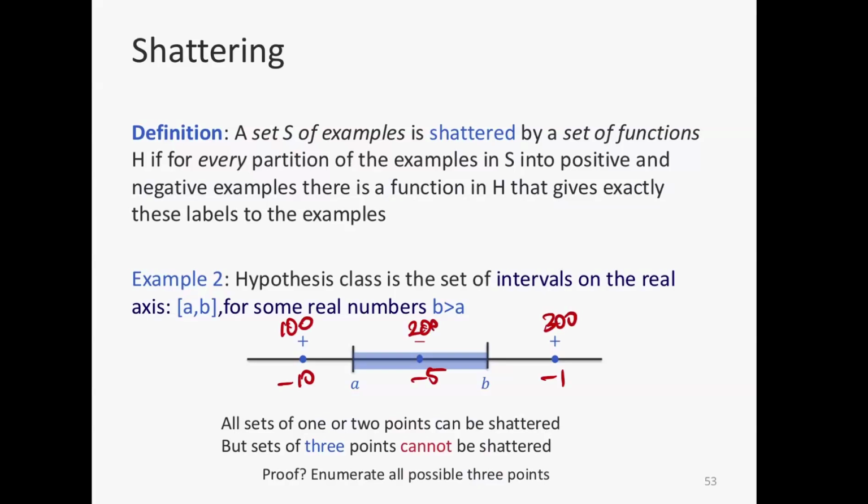Doesn't really matter where they lie on the number line. They have the same sort of spatial arrangement. And so the middle point, if you make it negative, you cannot match that label. The real proof requires you to enumerate all possible 3 points.